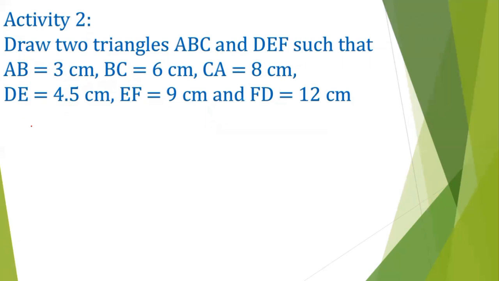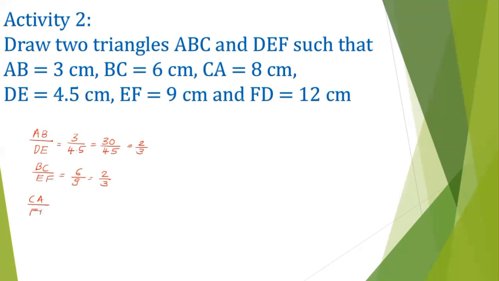Now, here AB corresponds to DE. Take the ratio of AB and DE, that is AB by DE is equal to 3 by 4.5, that is 2 by 3. You can take the ratio of DE by AB also. Now take the ratio of BC by EF, that is 6 by 9, is equal to 2 by 3.